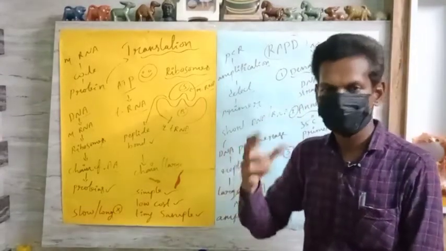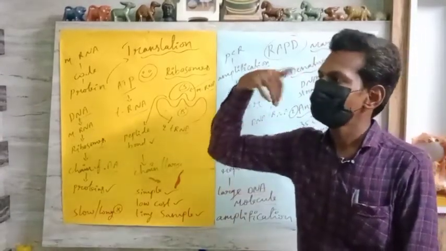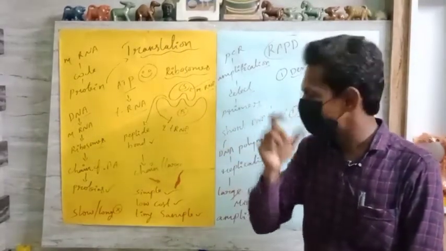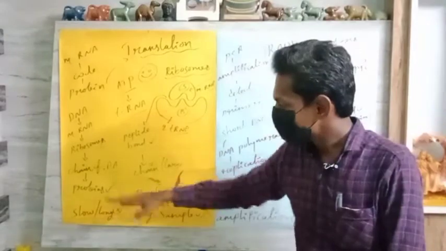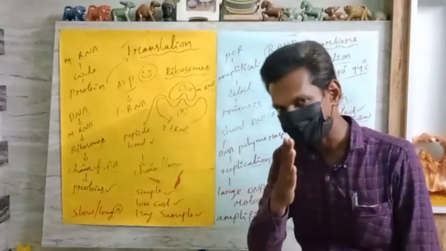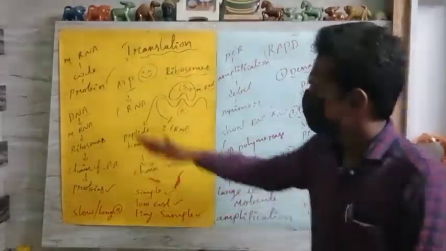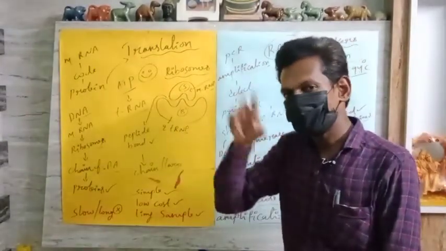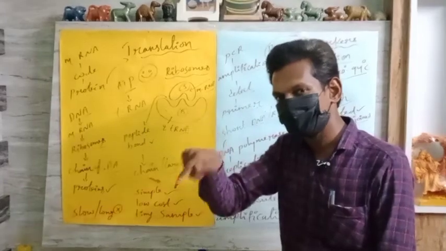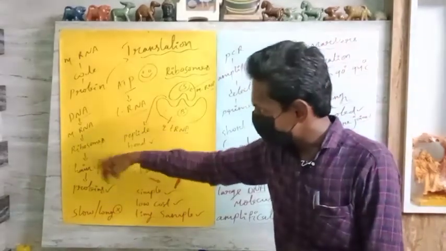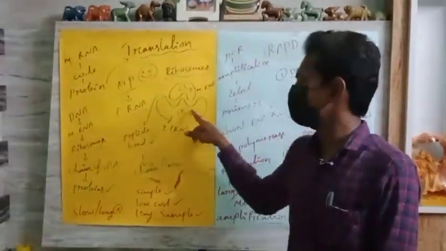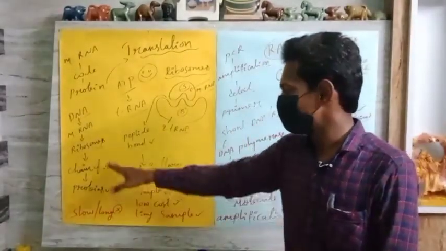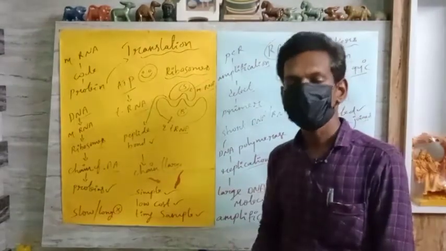Only then can the cell survive and perform different types of metabolic activities. So the main function of DNA is synthesizing proteins. Are you clear, dear Botanicas learners? DNA sends a message about what type of protein should be formed in the cell in the form of mRNA. Then mRNA, with the help of ribosomes, finally forms the chain of amino acids, and the combination of the chain of amino acids makes the proteins.